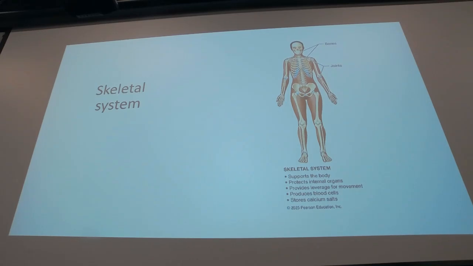Of course, we have limits. And then inside our bones, the long bones, we have cavities, and also in flat bones, we have space where we have cells specialized in making blood cells. So it's in charge of hematopoiesis. Store calcium, phosphate.